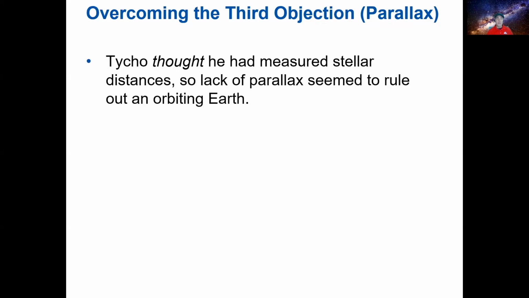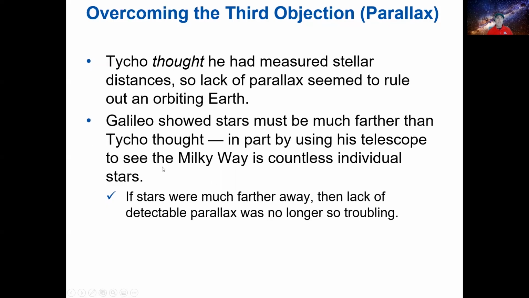The Greeks and Tycho had rejected the idea that stars are far away. But with his telescope, Galileo offered evidence that this was in fact the correct explanation. The stars are really so far away that parallax was too small to be measured.